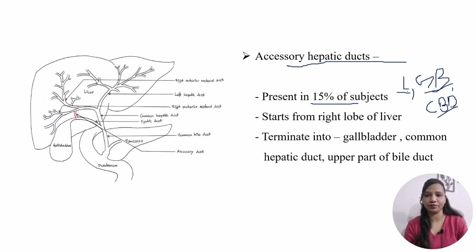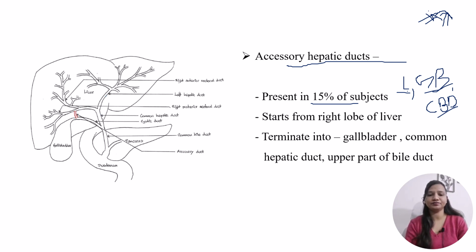Okay, these small ductal channels are formed, and over time they regress or fuse into each other, or they fuse into either the right or left hepatic duct. But failure of this fusion, failure of these small ductal channels to fuse, will lead to the condition of accessory hepatic ducts, and will form these accessory hepatic ducts.